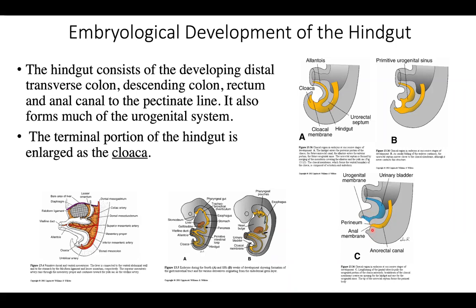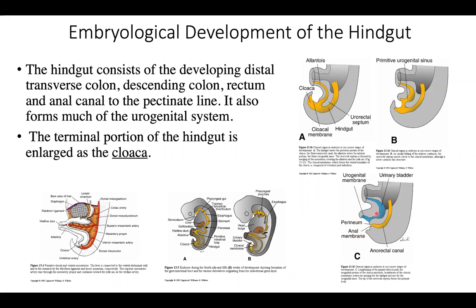So that's why we say the cloacal membrane is the future anal canal or anus of the baby, and it's also the future urethra of the baby. But that does not happen until this urorectal septum develops and divides the cloaca into anterior component and posterior component, and also divides the cloacal membrane into urogenital membrane anteriorly and anal membrane posteriorly.